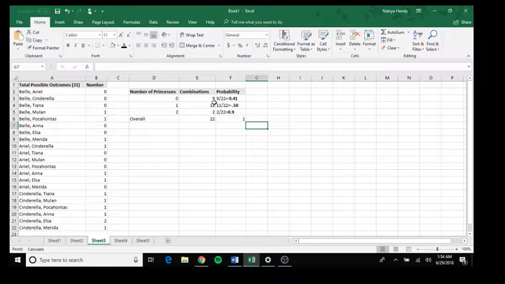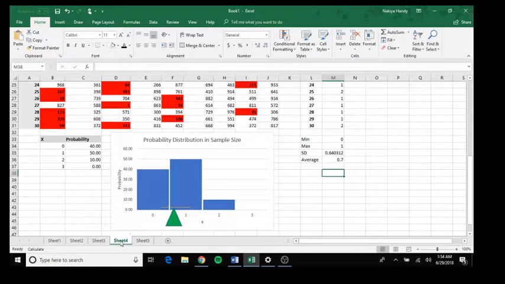And for probabilities, because it's 22 outcomes, out of 0, there's 9. So I did 9 over 22, which is 0.41. And then I did 11 over 22, which is 0.50. And then I did 2 over 22, which is 0.09. And then I have my 1 as my overall.